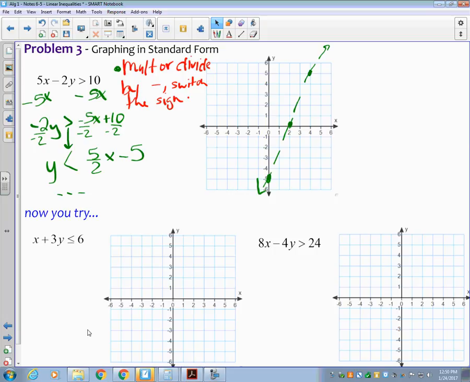We want y less than our line, so we put our pencil on our line or our crayon on our line and we go less than. Everything below.